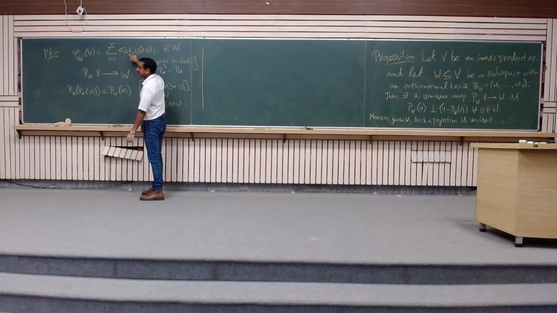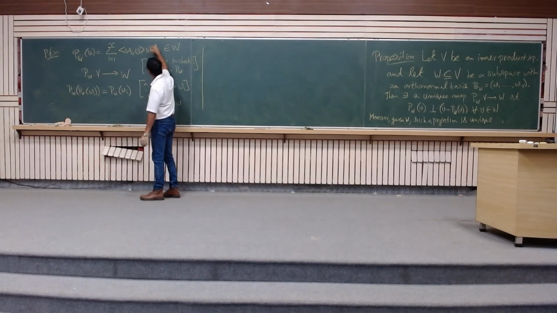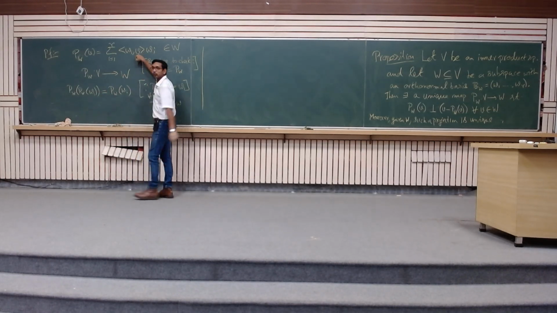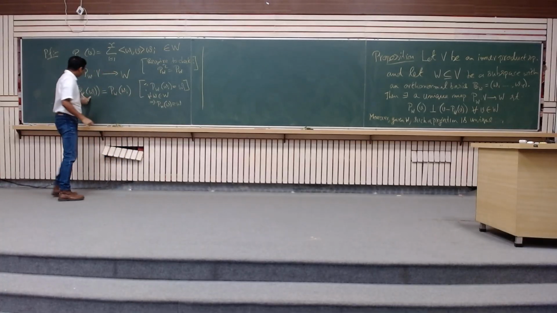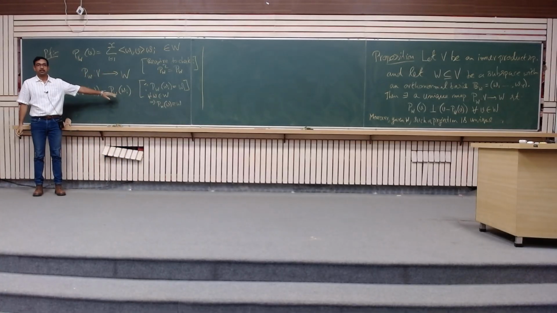Then remember that this is an orthogonal basis, so only the term where the indices match will survive. Everything else will be killed. When the indices are equal, this gives you 1, everything else gives you 0. So only that one survives, which is the thing you put in the argument instead of v, and that means P_W(w_i) is equal to w_i.